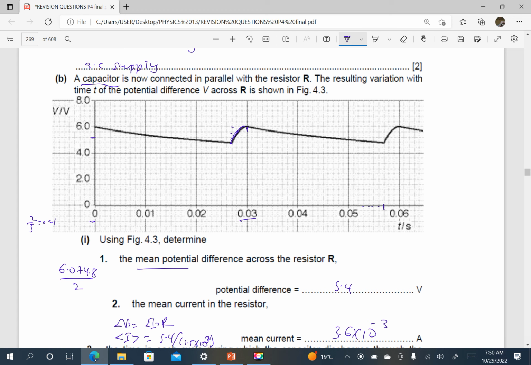Those are 7 small squares. On the x-axis, each small square is 0.01 divided by 10. That is 0.001. Each small square is 0.001. So these are 7, that is 0.007. So this must be 0.057.